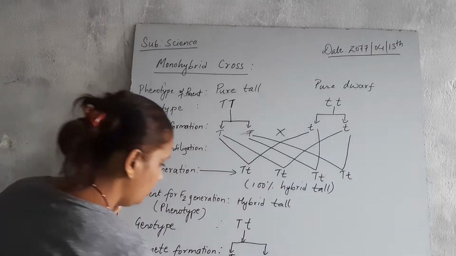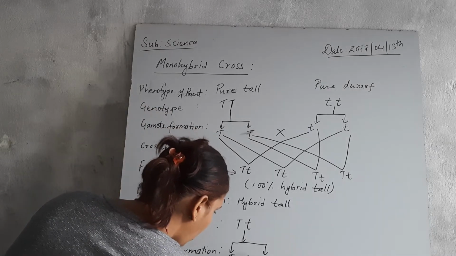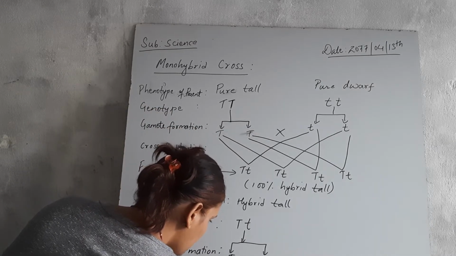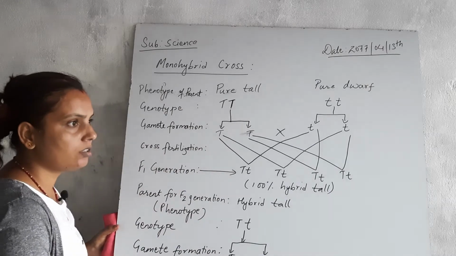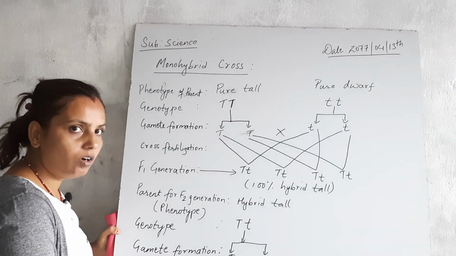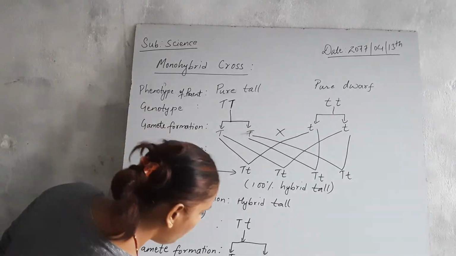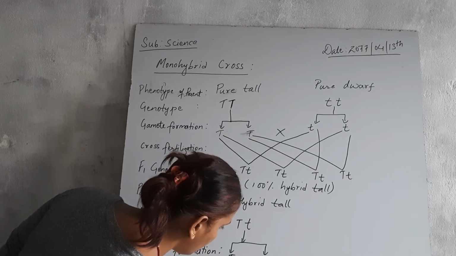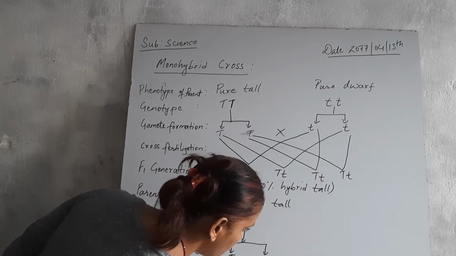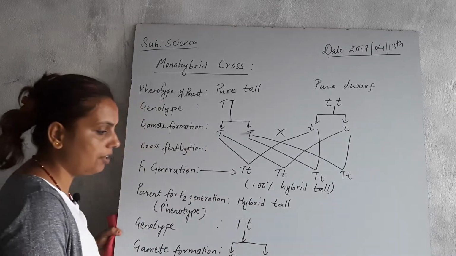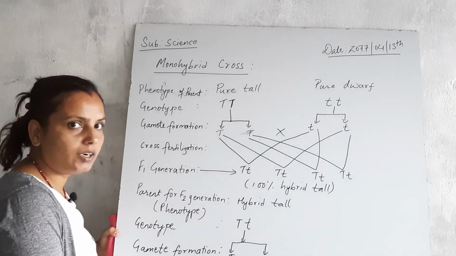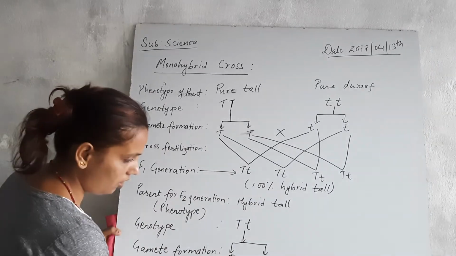Selfing or self pollination means the cross with itself or others like itself. That means while performing self pollination, we perform the cross between two different organisms having a similar kind of gene.